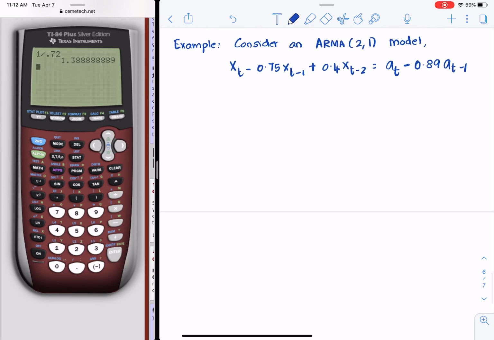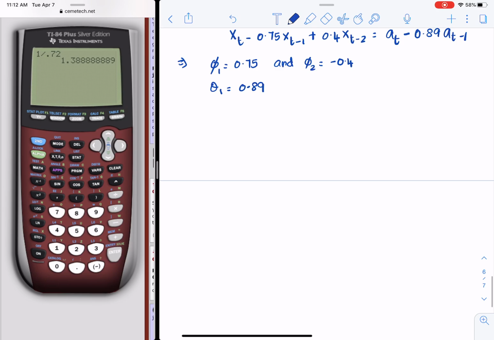Clearly this would imply that phi1 is 0.75 and phi2 equals negative 0.4, theta 1 would equal 0.89. We could rewrite the model as xt minus 0.75 b times xt plus 0.4 b squared xt equals at minus 0.89 b times at.